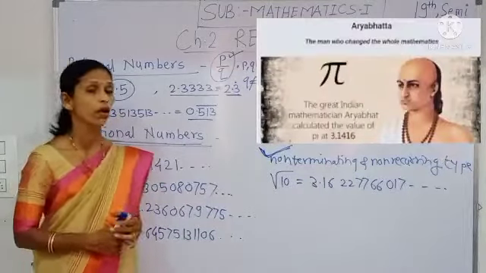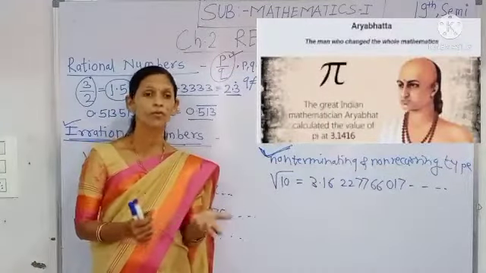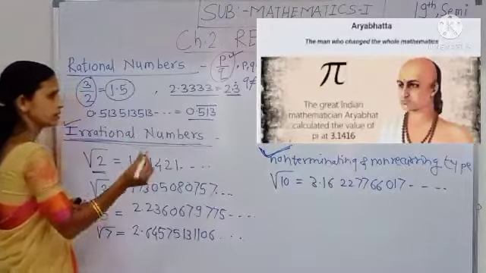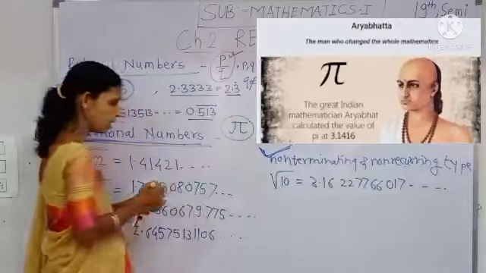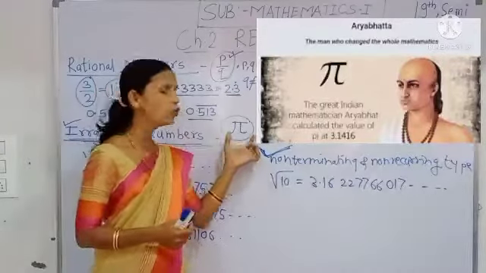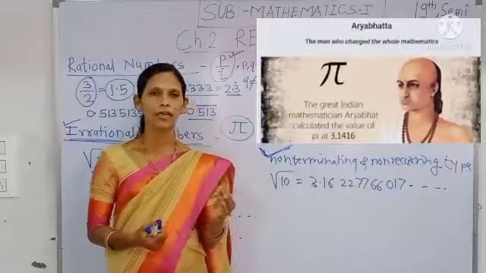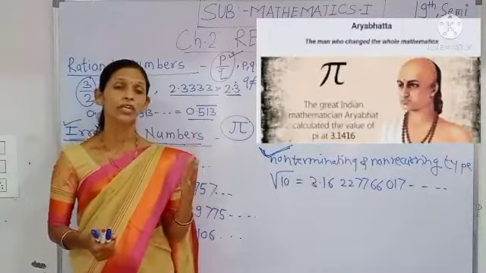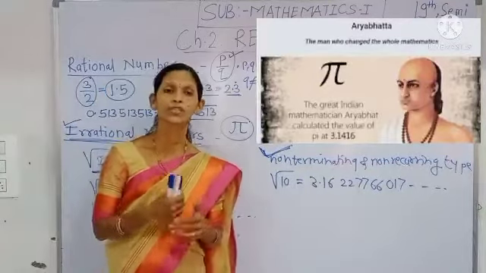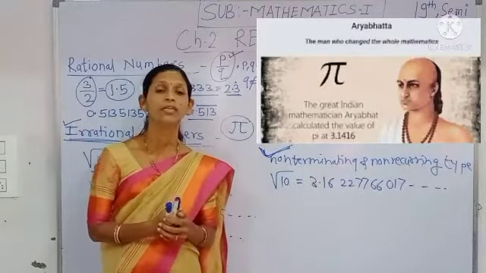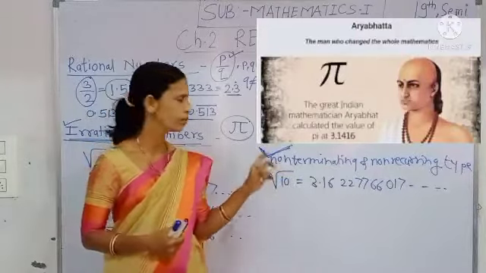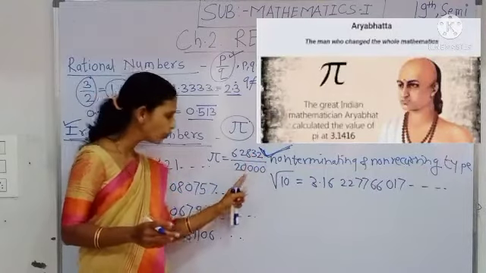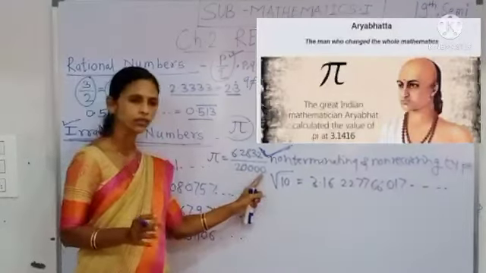All of you have studied before the value of pi. Pi is one of the irrational numbers. The value of pi was given by the great mathematician Aryabhata in 499 CE. Aryabhata calculated the value of pi as about 62,832 upon 20,000.